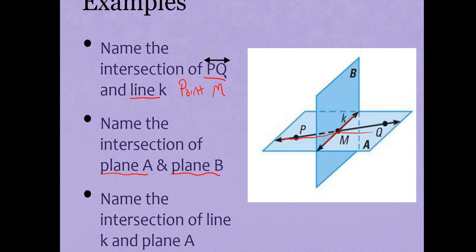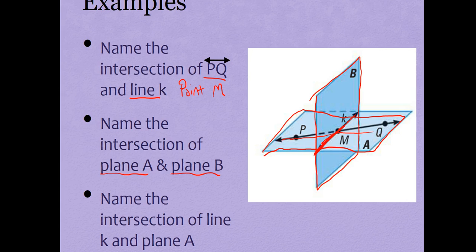Name the intersection of plane A and plane B. So here's where I said you'd see a better picture. The plane B is this vertical plane, and plane A is this horizontal plane. Okay, and where do they intersect?